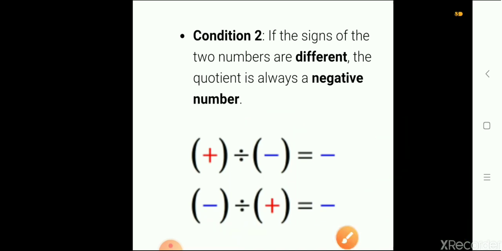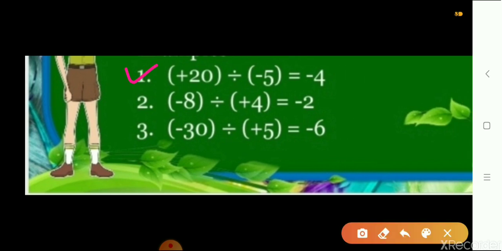Let us see the examples. In the first example, we have taken two integers, one positive and the other negative, and dividing a positive integer by a negative integer, we get a negative result. So our answer is minus 4. In the second example, we have taken one negative integer and the other positive integer.